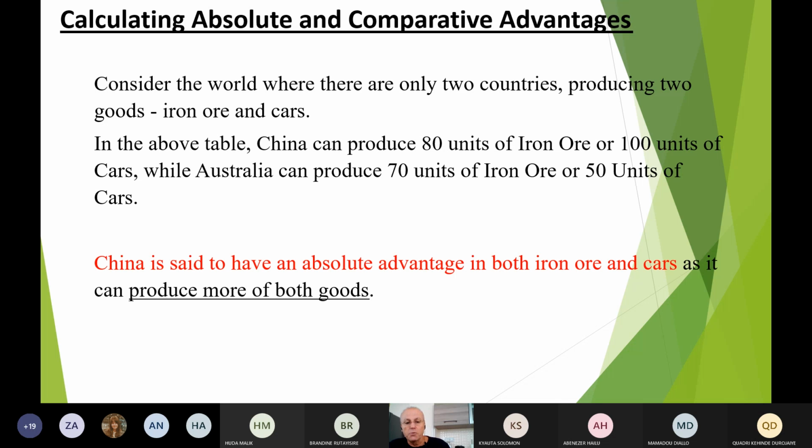China is said to have an absolute advantage in both iron ore and cars, as it can produce more of both goods. As I said to you, in the absolute advantages we concentrate only on the real cost advantages. Only the amount of production is calculated and estimated, and then you compare with the other nation's capacity, and you say this country is more preferable for becoming a trade partner.